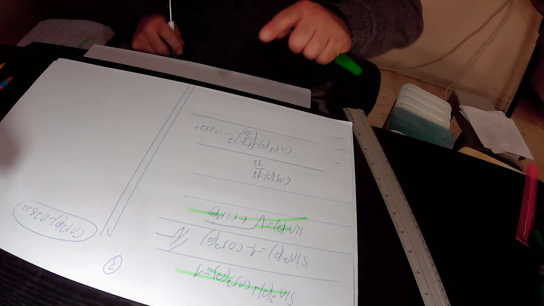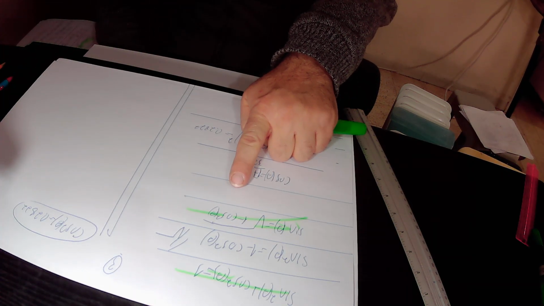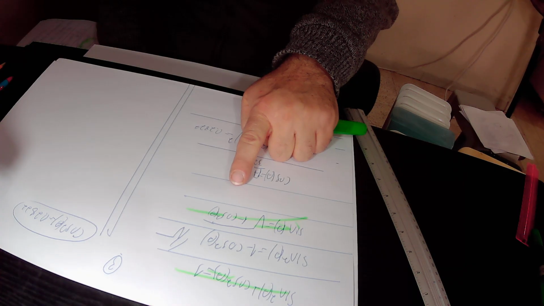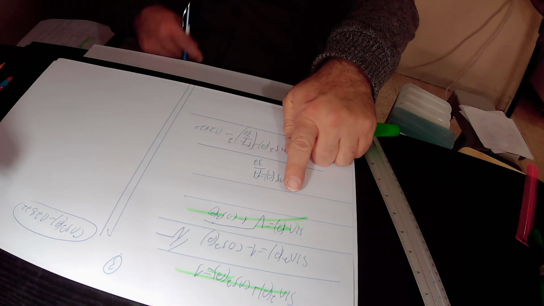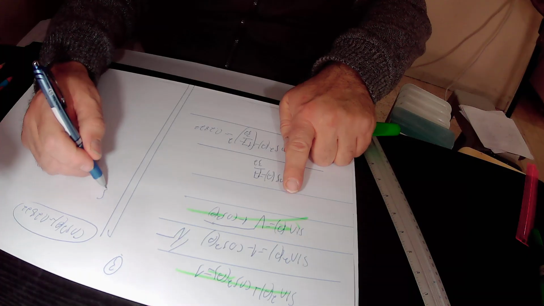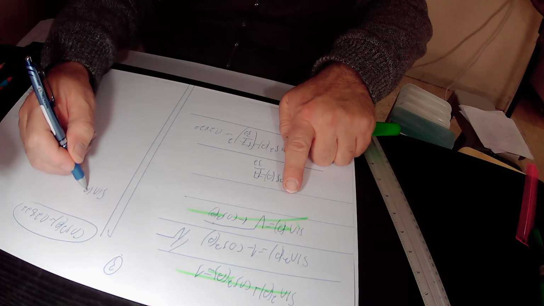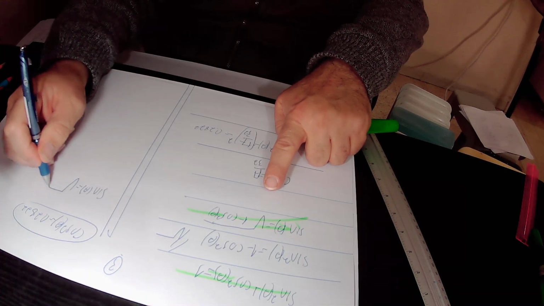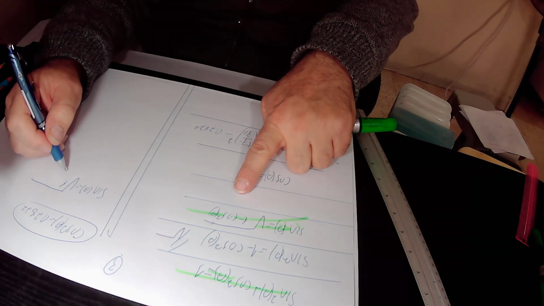Therefore, we can solve cosine square theta using this trigonometric identity, which is 0.2822. Now we get that sine theta equals the square root of 1 minus cosine square theta.